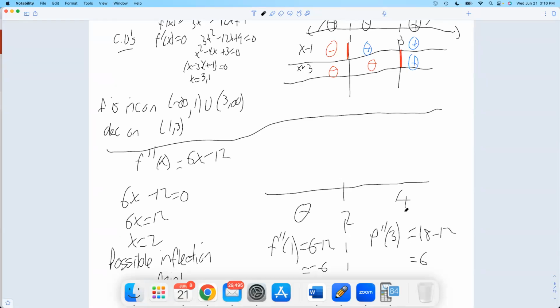It's positive. Negative means concave down. Positive means concave up. I just switched from concave down to concave up. I do, in fact, have myself an inflection point right here at 2.